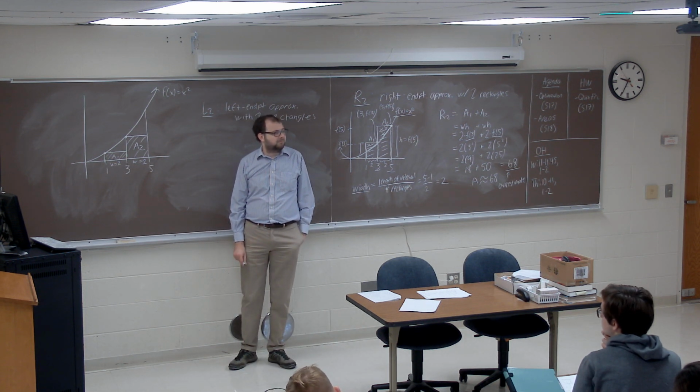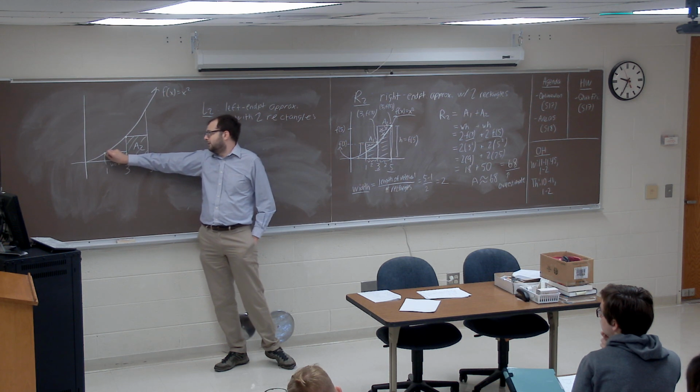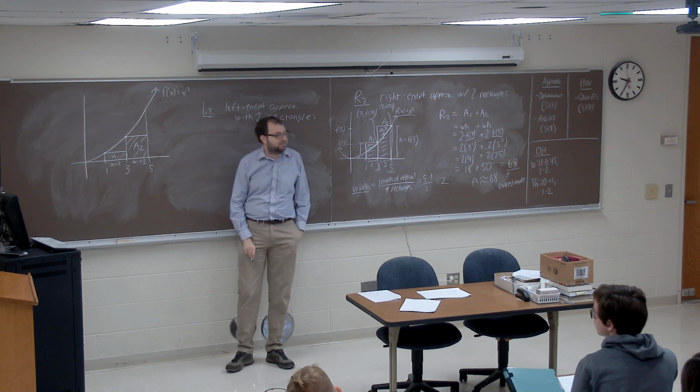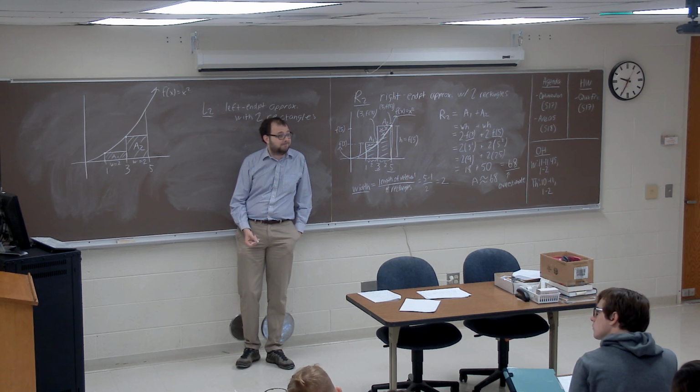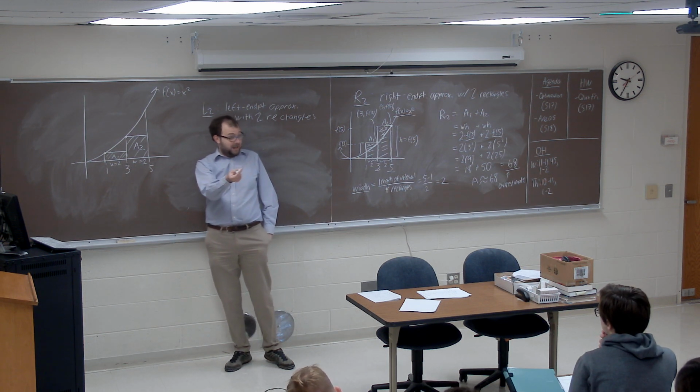Franklin, what's going to be the height of our first rectangle here, do you think? 1. How'd you get 1? Because the point is on the 1. Yeah, in other words, you take just f of 1.